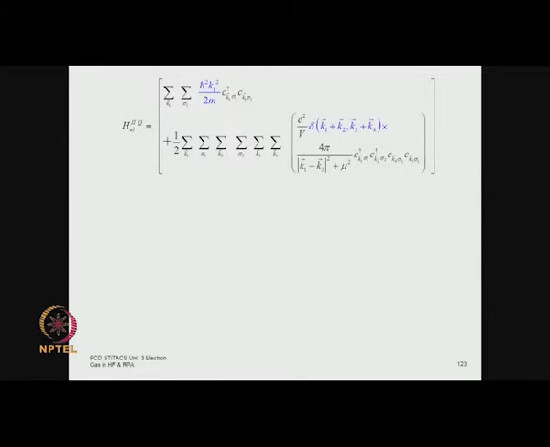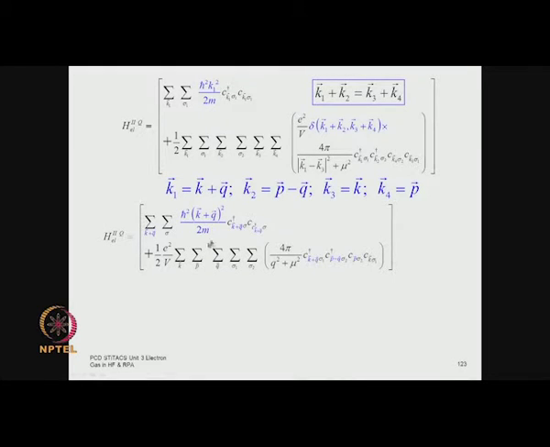So let us exploit this now. We will rewrite this Hamiltonian not in terms of K1, K2, K3 and K4, but in terms of the 3 momentum labels. Now what are these? You now have summations over these 3, K, P and Q. We exploit the Kronecker delta so that out of these 4 summations, one will be taken care of through the contraction coming from this Kronecker delta.